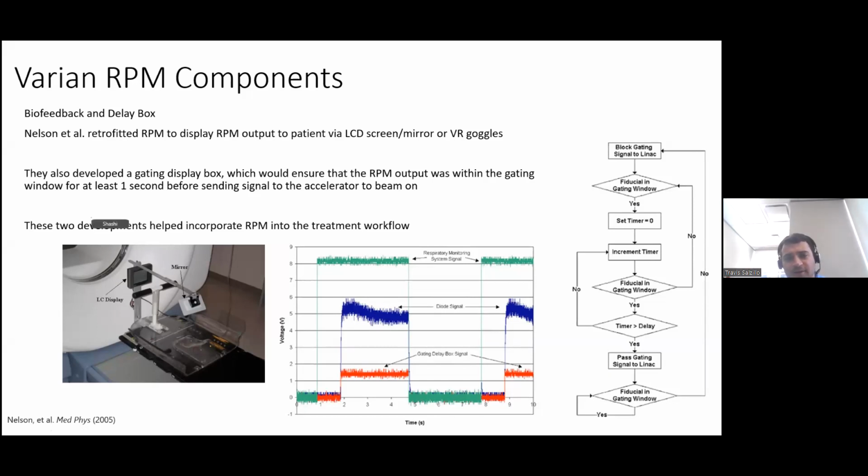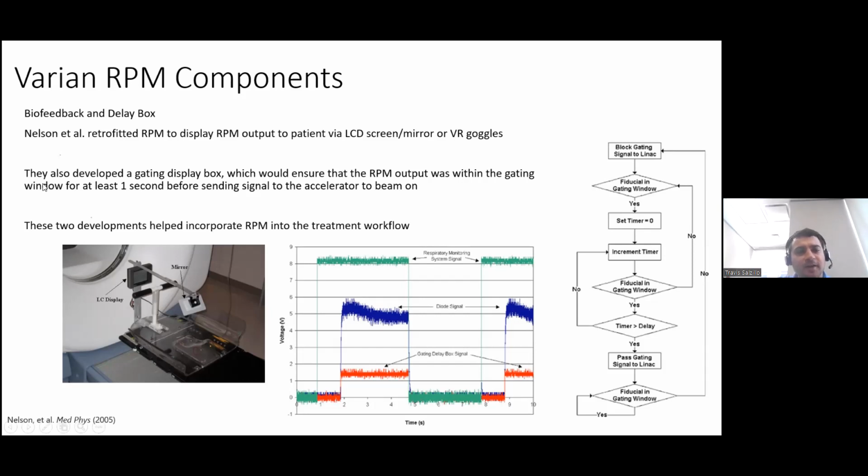It made these treatments a lot more efficient because the patient didn't have to guess, and the therapist didn't have to verbally coach them, "okay, take a bigger breath in or let some air out." It allowed the patient to participate in their treatment. So that was a really useful development for this device.